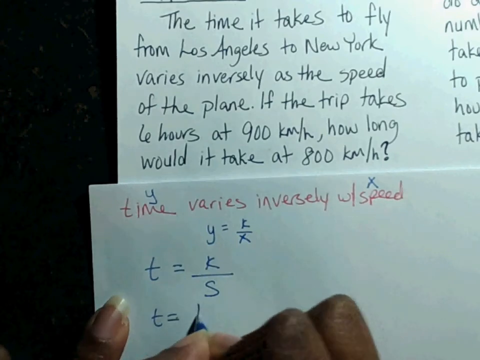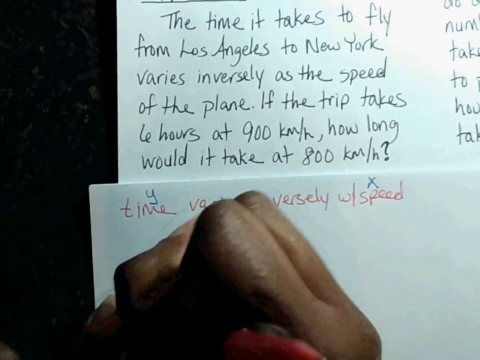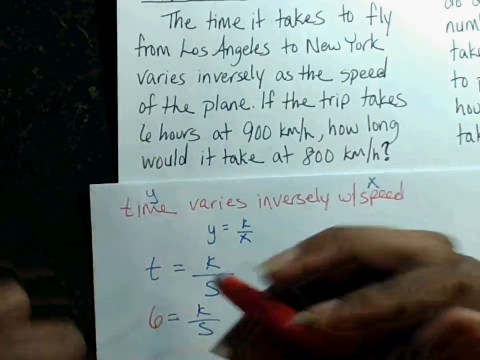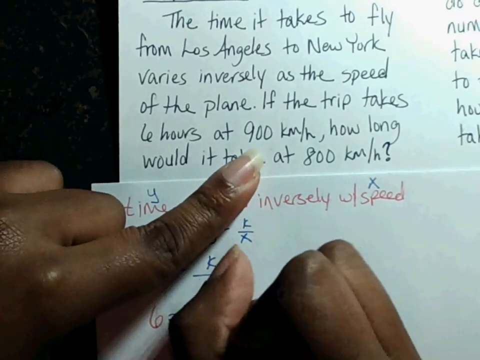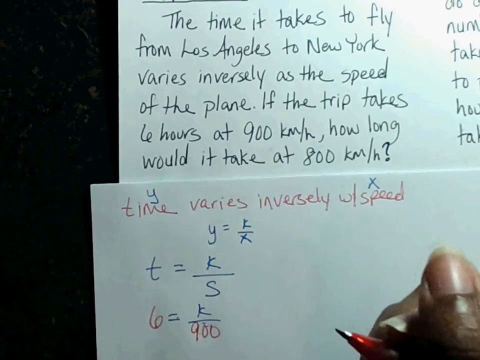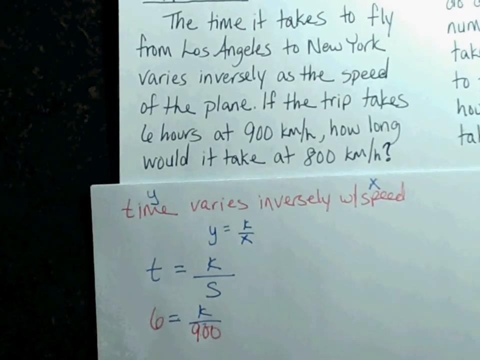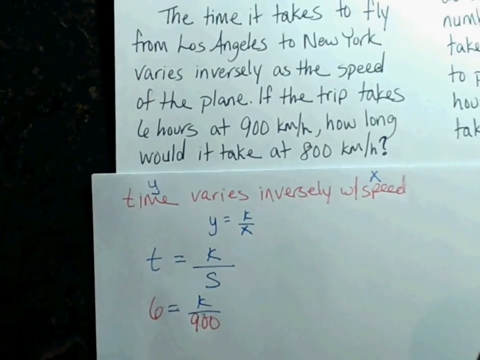So, right here, t equals k over s. Instead of t, I'm going to write my time was 6. Instead of s, my speed was 900. From there, I do the math. I'm dividing by 900. Well, my friends, how do you get rid of division?